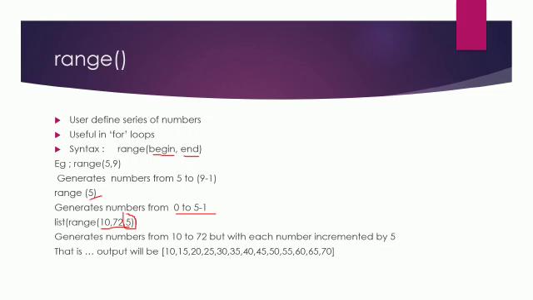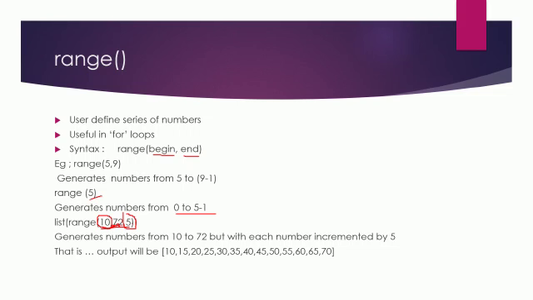So the number will start from 10. Then the next number will be incremented by 5. That is 10, 15, 20, 25. Each time the incrementation happens, it checks whether it is less than the ending range, less than 72 or not.